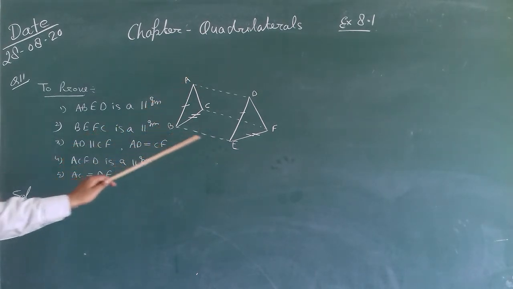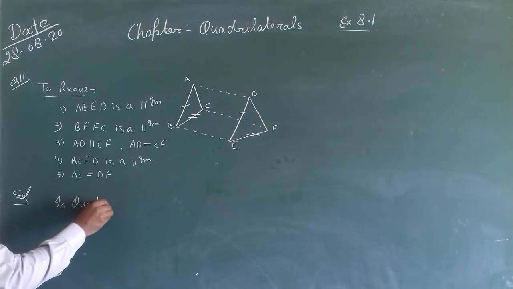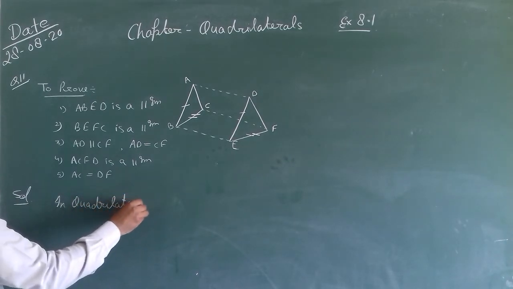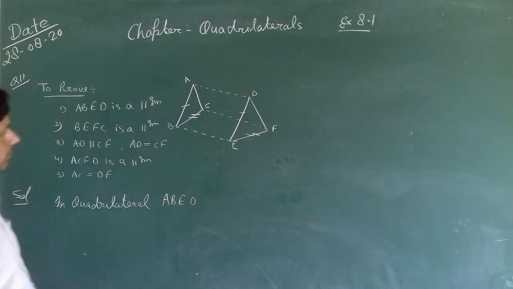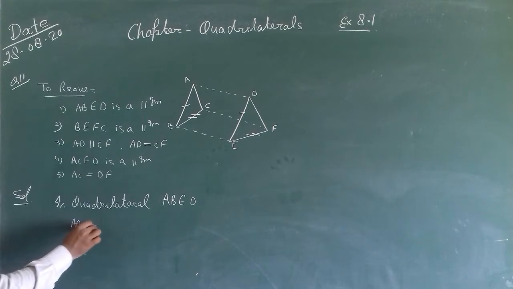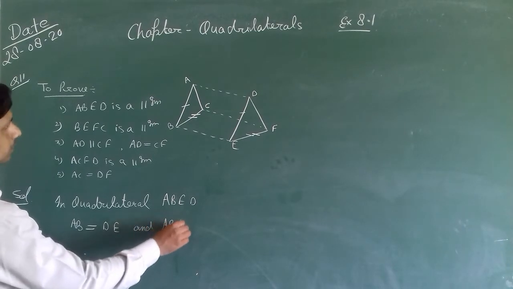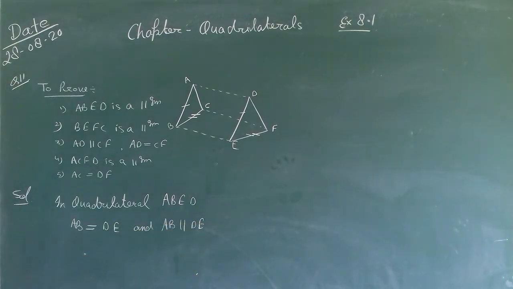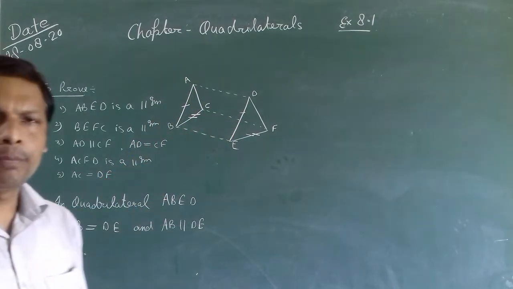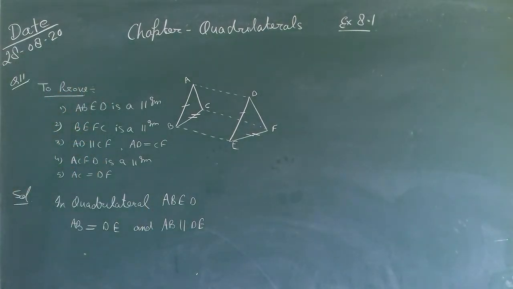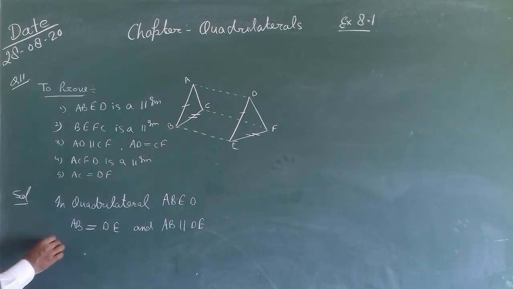In quadrilateral ABED, AB side is equal to DE and AB is parallel to DE, right? If one pair of opposite sides is parallel and equal to each other, then we can say ABED is a parallelogram.